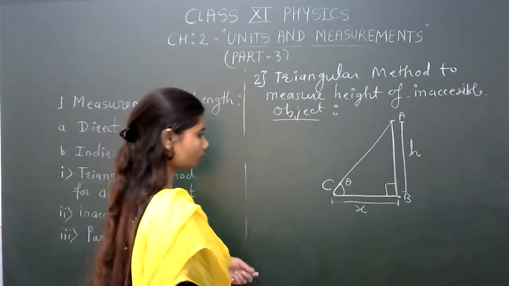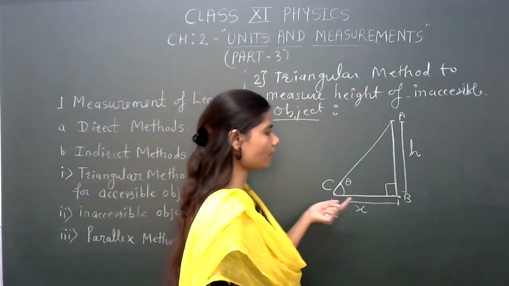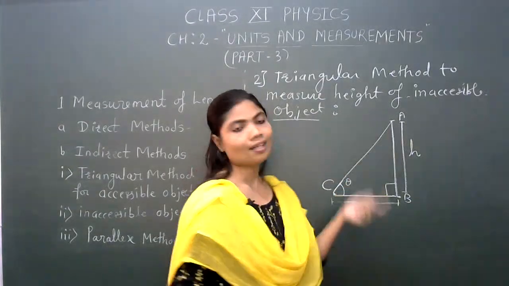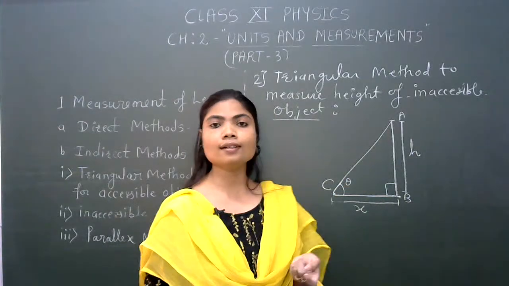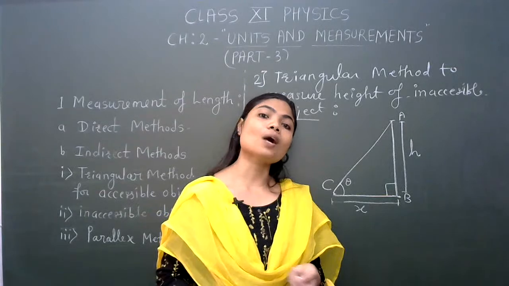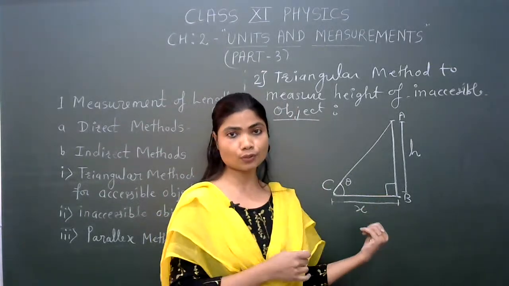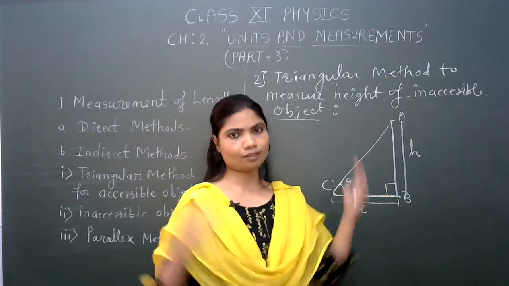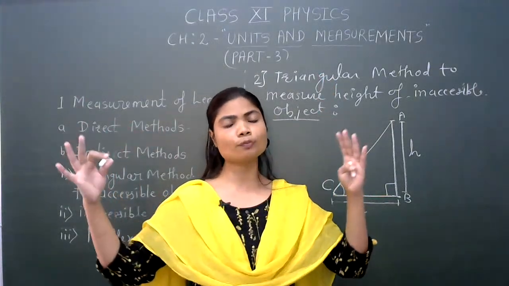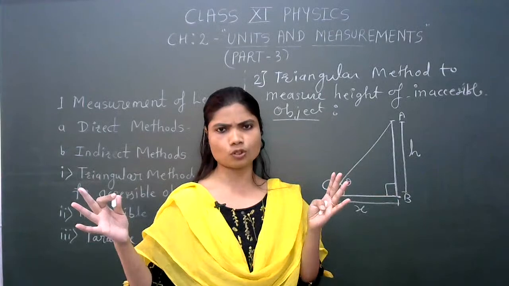So now the same criteria we have to consider. We have considered an inaccessible object. For example, it could be a mountain. Yes, we know that a mountain is perpendicular with respect to the ground, but its width will be very large.